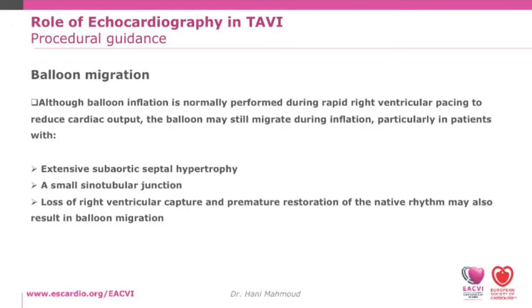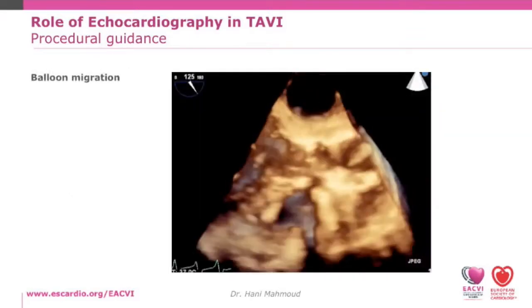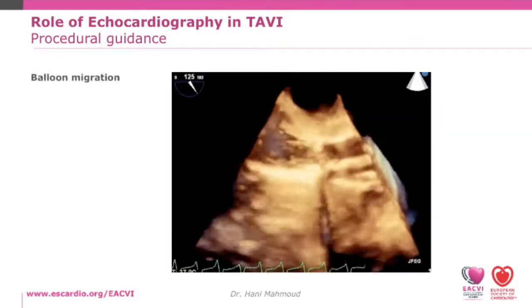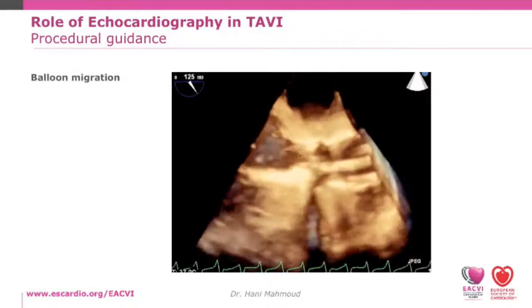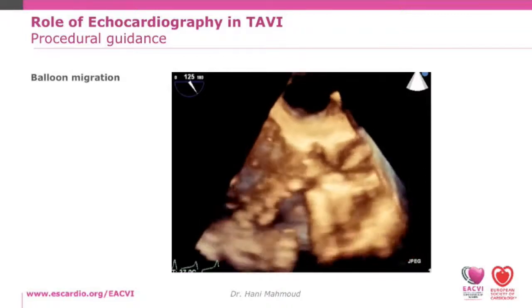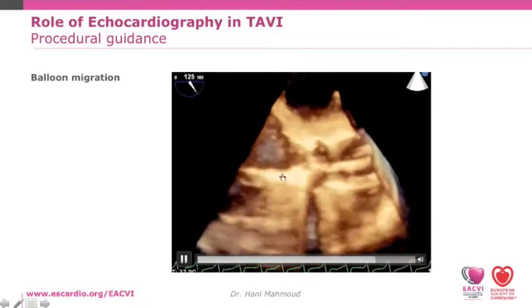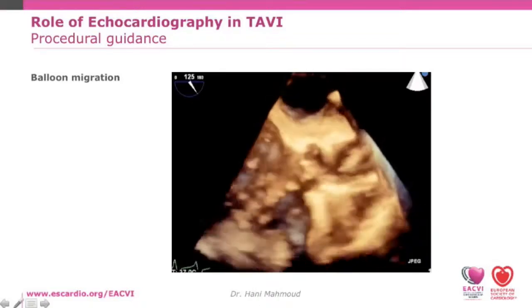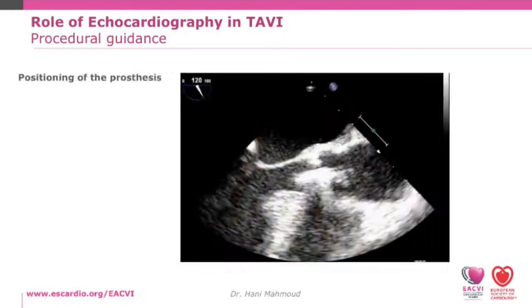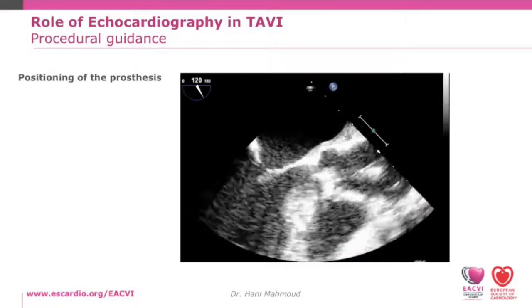There are also tailored balloons that you can use without rapid pacing, which will also prevent a migration of the balloon during the procedure. Also in these cases, you can employ three-dimensional echocardiography, where you have a very nice chance to control the correct position of the stiff wire, which should not entangle the papillary muscle or the cord.